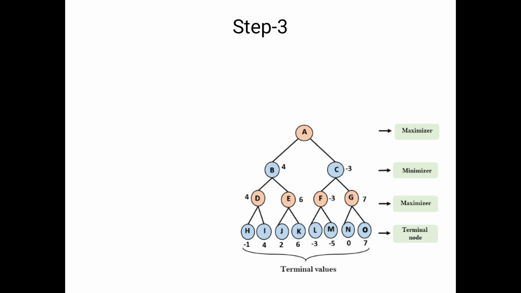Next, we will find out the level 1 values, that means B and C values. So what are the child nodes of B here? D and E with the values 4 comma 6. Here B and C are the minimizer level, so that's why we will consider the minimum values. Which is the minimum value from 4 comma 6? Definitely 4 is the minimum value.